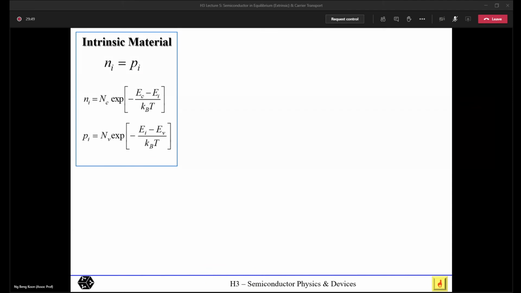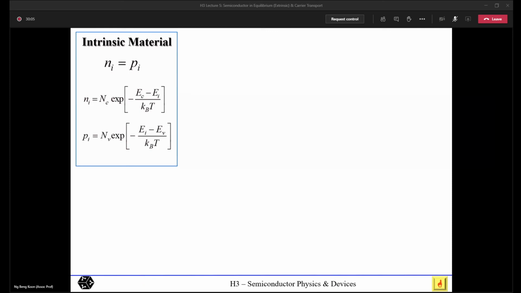An electron goes out of the valence band to the conduction band, leaving behind a vacancy, which is essentially the hole. So for every electron that is created, you get a hole as well. So N_i and P_i are essentially equal.